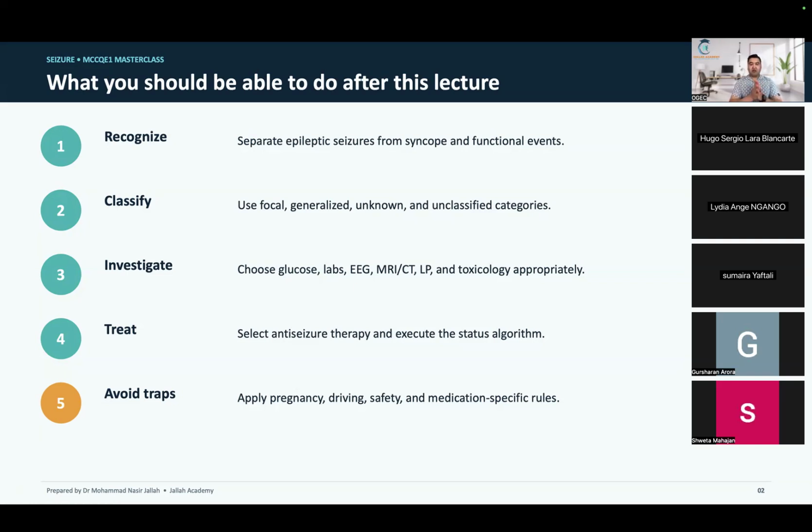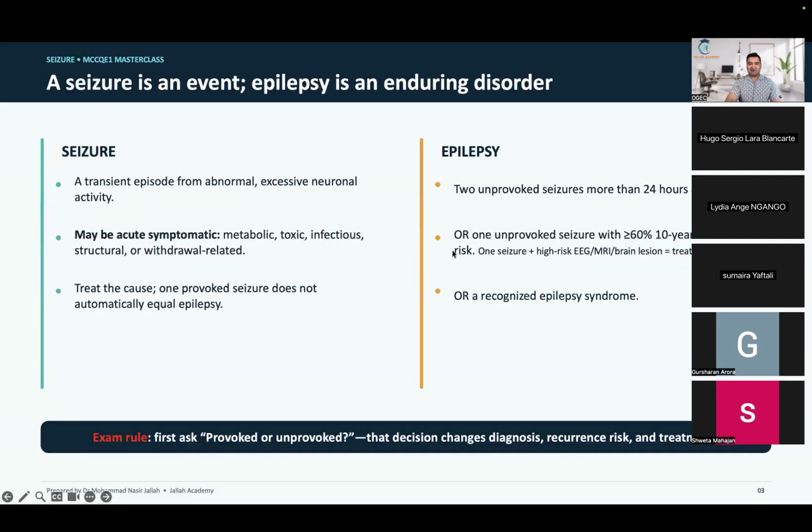Also how to treat, and what the specific medication is for a specific seizure. And avoid the traps, obviously, because they're going to set some traps for you and expect you to fall in them. But I will prepare you to avoid those traps.